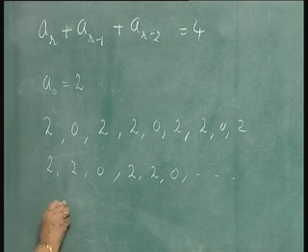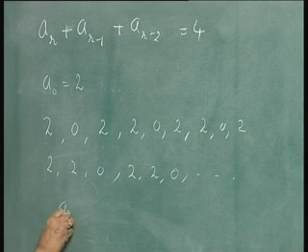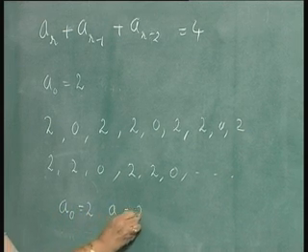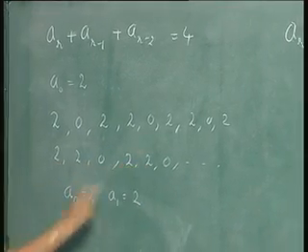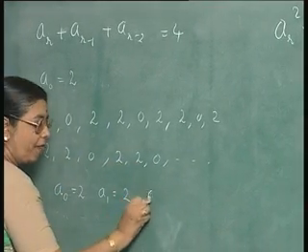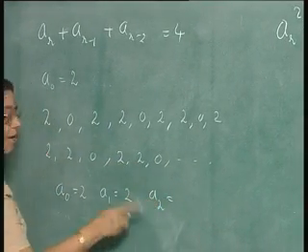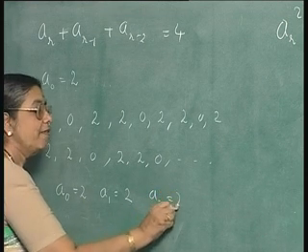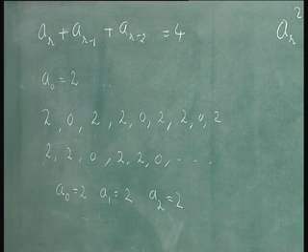If you are given more than one value, suppose A0 is equal to 2, A1 is equal to 2, then it uniquely represents the sequence. Now, if A2 is also given, it should be given in a proper manner satisfying the equation. A2 should be 0. Otherwise, if some other value is given, it will not satisfy the recurrence relation. This is not the correct thing, this is wrong.